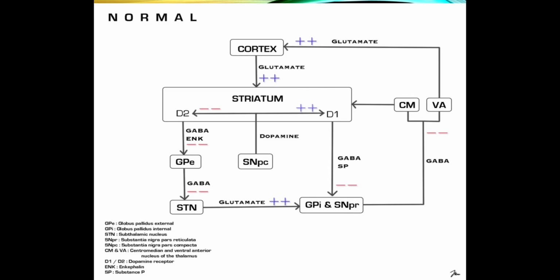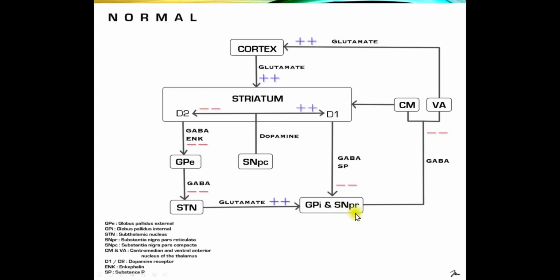All right, so here's how the basal ganglia circuitry works. So we have the motor cortex talking to the basal ganglia for movement. And when the motor cortex communicates with the basal ganglia, it talks to the striatum. Remember, the striatum is the caudate and the putamen. So all of this processing happens, and then the output from the basal ganglia is through the internal segment of the globus pallidus and a part of the substantia nigra called the pars reticulata.